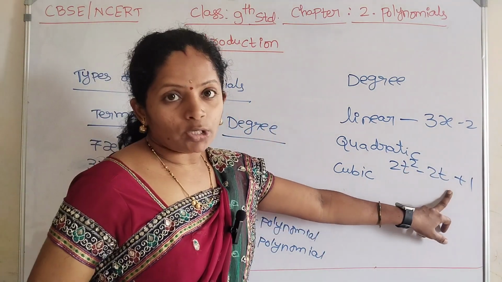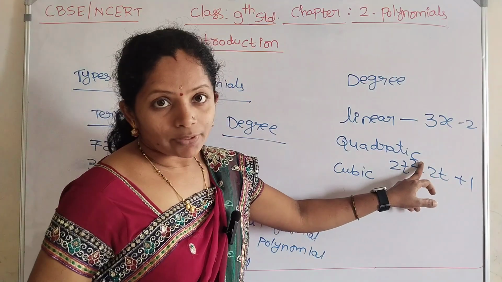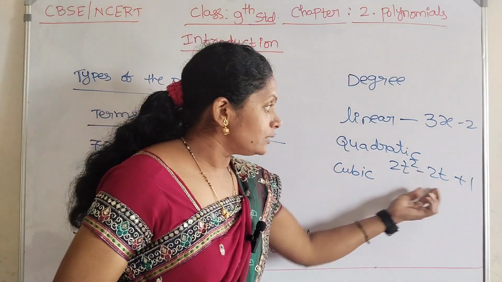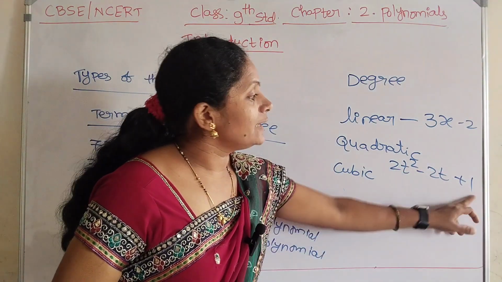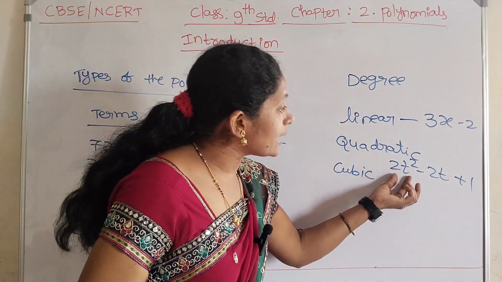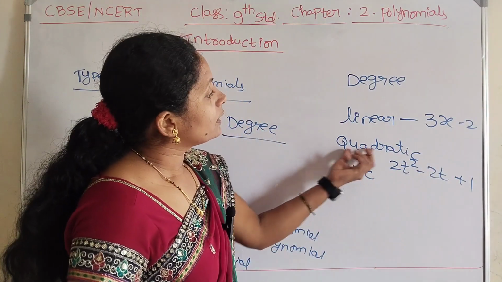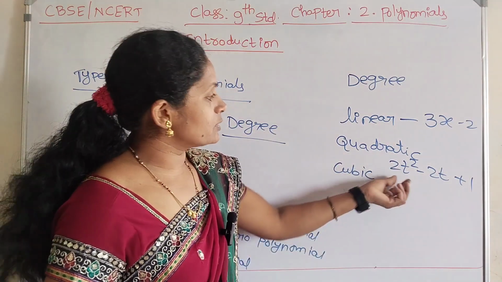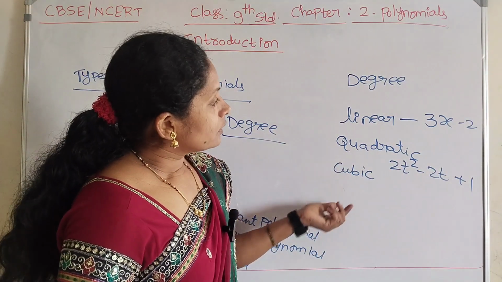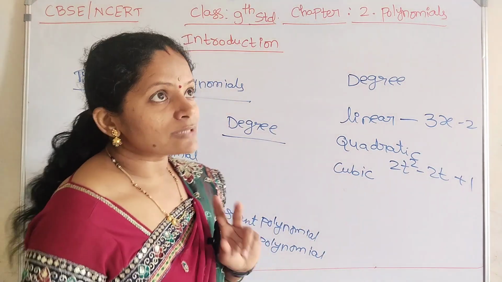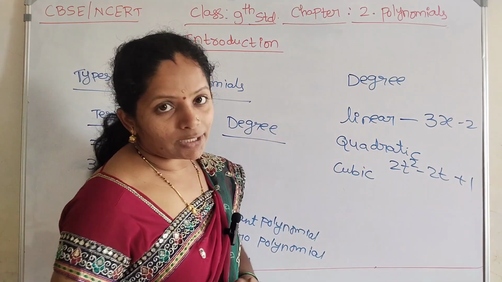It is a polynomial of degree 2. Here three terms are present, but the highest degree we will consider, t to the power 2. It is called a quadratic polynomial because its degree is 2. Actually quadra means square, that's why it is called a quadratic polynomial.